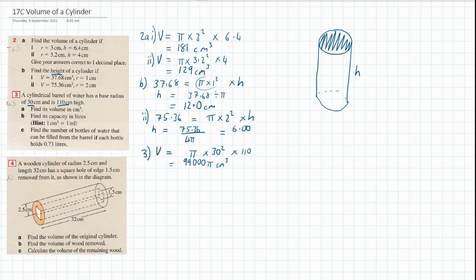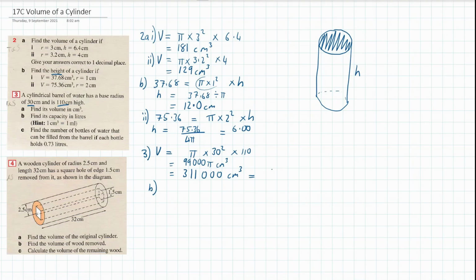Now we need to find its capacity in liters. I'm just going to round to three significant figures. Now I'm going to change that in part B to liters.